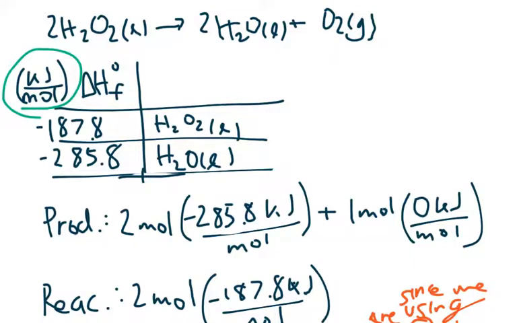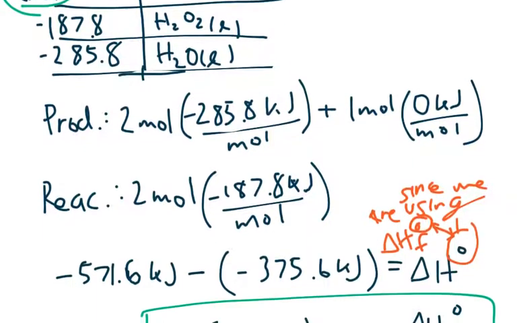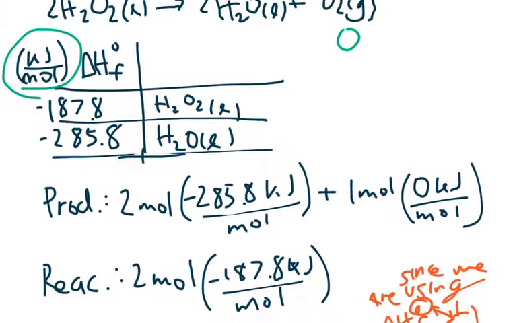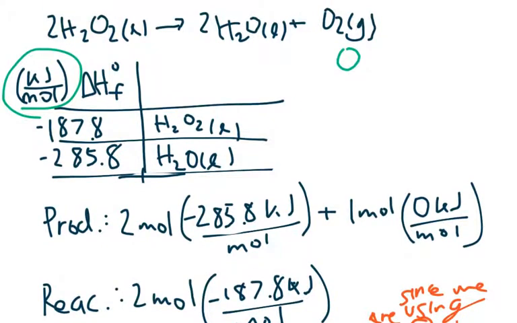Now, why didn't I include O2 gas? Well, remember, all elements in their natural state have a ΔHf of 0, so this would have a ΔHf of 0. So the first step is to find the sum of the ΔHf's of the products considering the coefficients. And how do we do that?